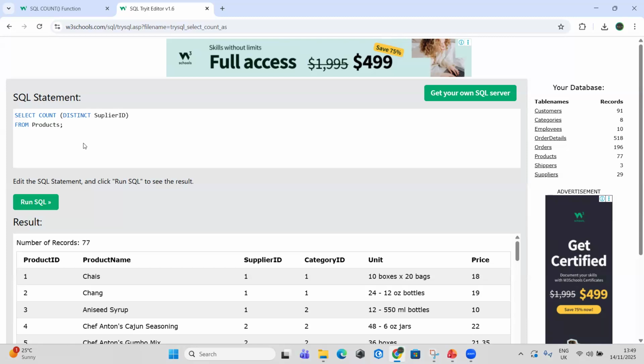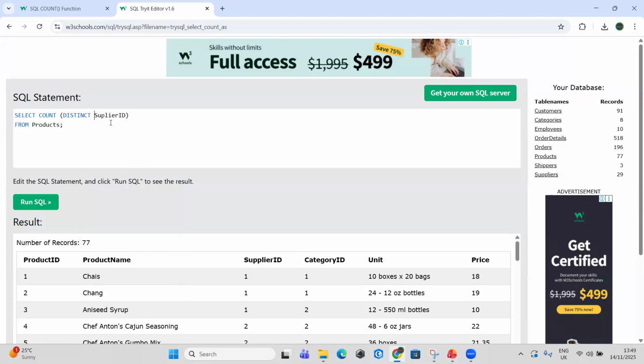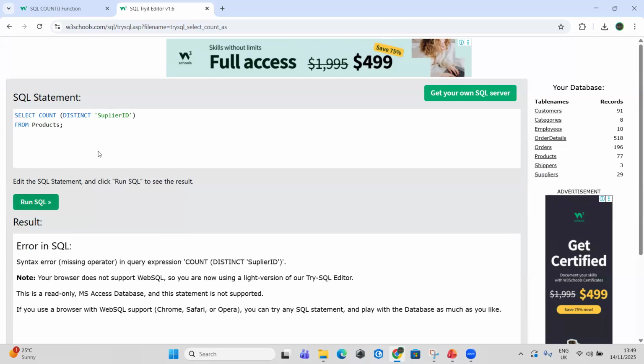SU double P S, supplier. The name should be, no, the name is wrong in here. SU double P. SU double P LI.